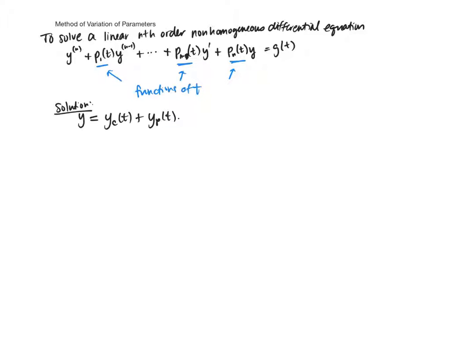And so for this method of variation of parameters, we're going to assume that we already know this, and that yc of t is equal to something like c1 y1 of t plus c2 y2 of t plus blah blah blah plus cn yn of t. So we're assuming that we already know the solution to the corresponding homogeneous differential equation.